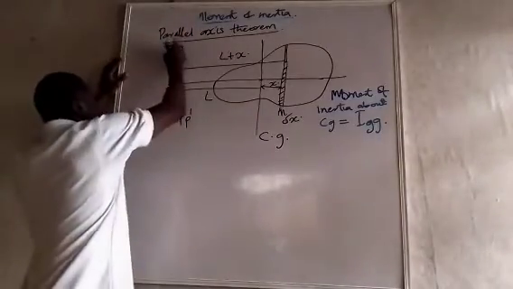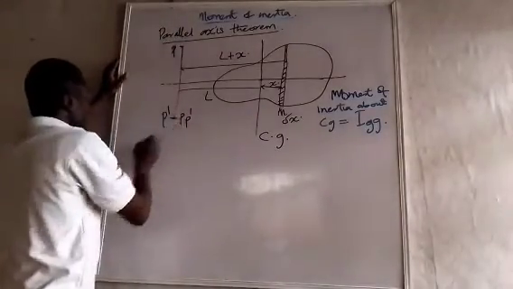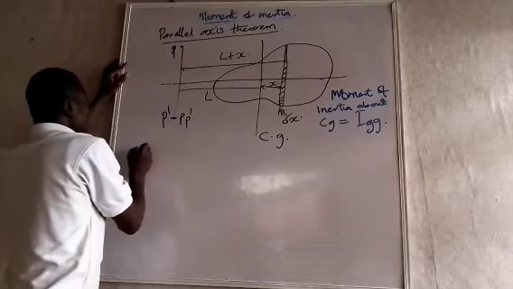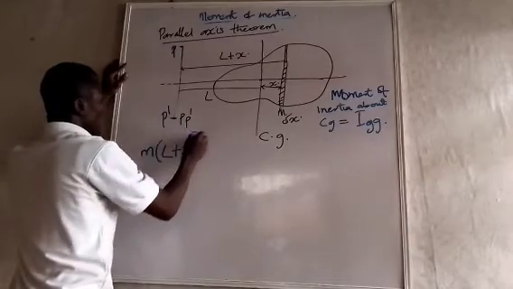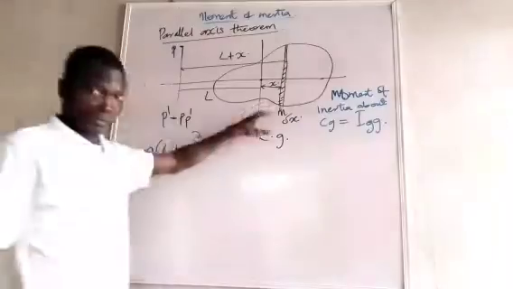I refer to that as P. It's going to be M into (L plus X) squared for that part.